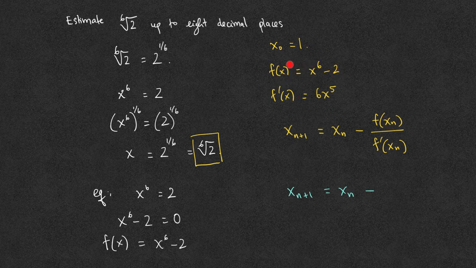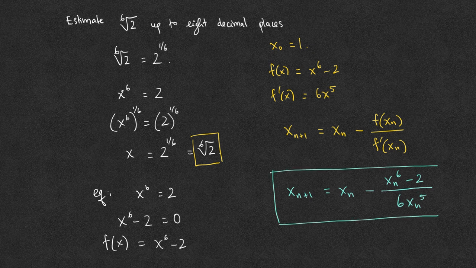Plugging x sub n into f of x, we will have x sub n to the 6th power minus 2 over f prime of x sub n. Plugging x sub n into f prime of x, we have 6 x sub n to the 5th. So this is the formula for the sequence of numbers x sub n plus 1.